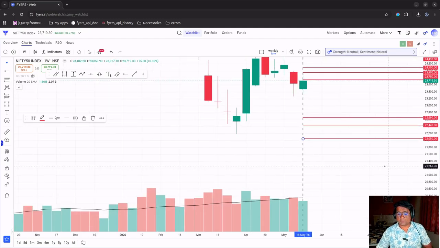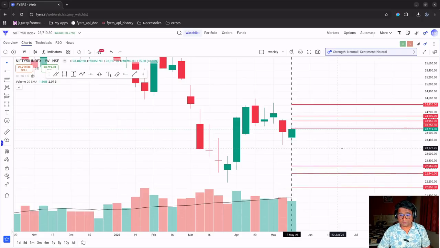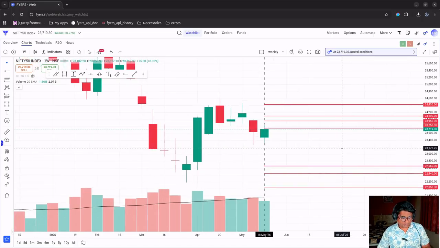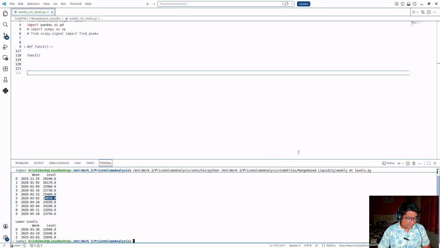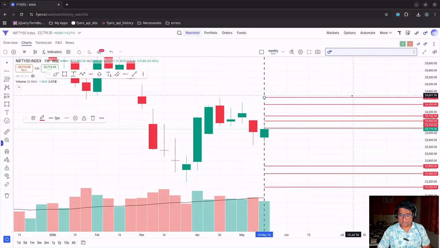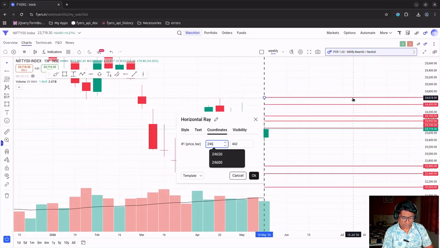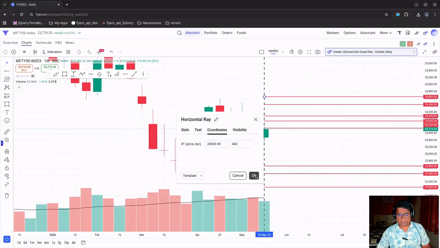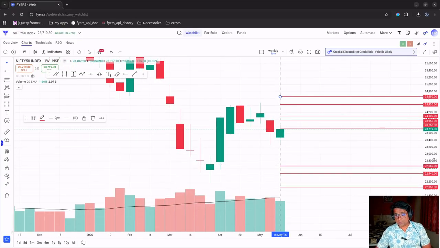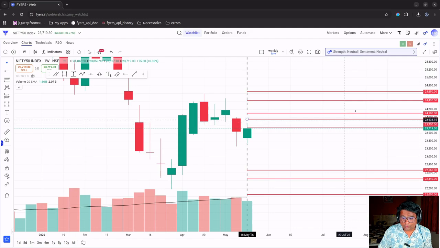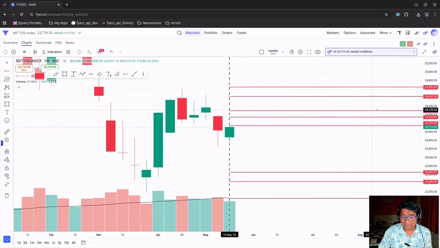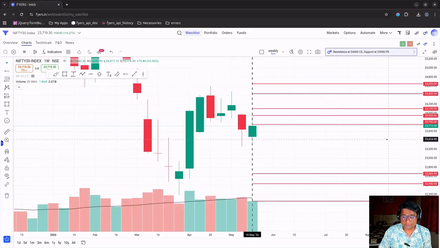Okay, so these are the weekly levels. And while we are at it, why not get another level for upside? 24,650. Yes, as you can see, upside we have too many key levels clustered together, closely spaced together.